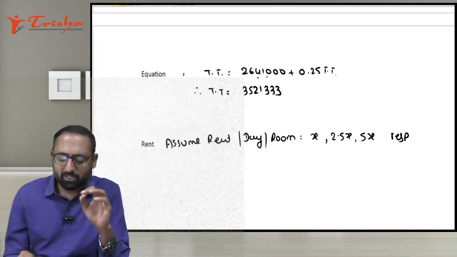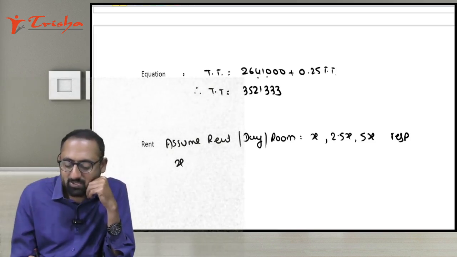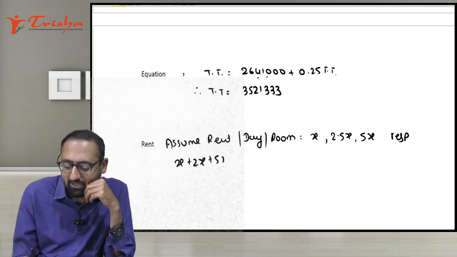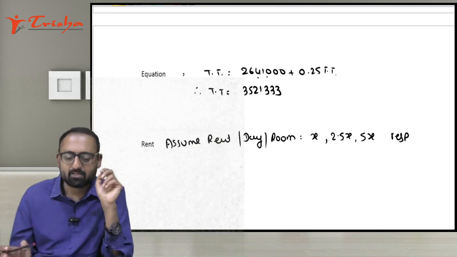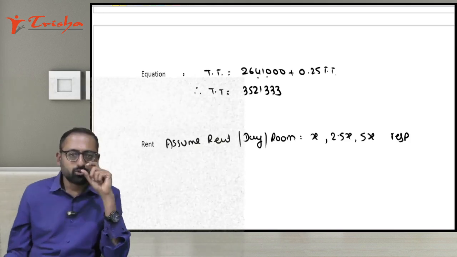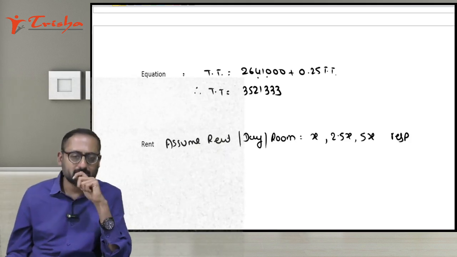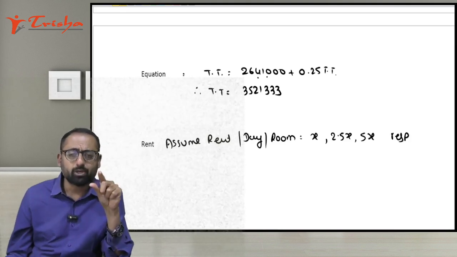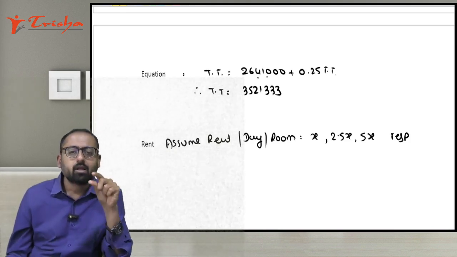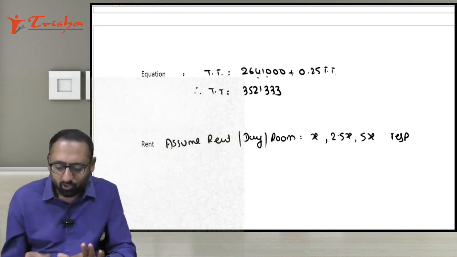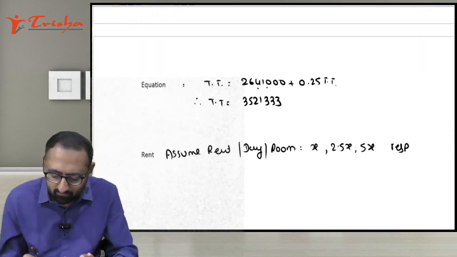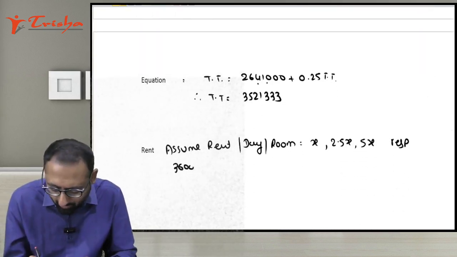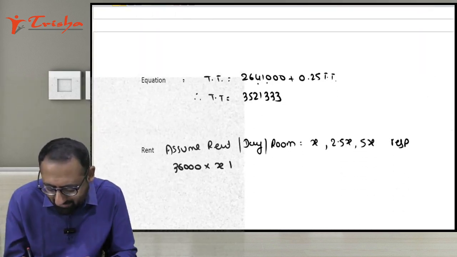Some students will make the equation like this: x plus 2x plus 5x is equal to 35,21,333. Boys and girls, 0 marks. You'll not get marks, because the important point in this concept is that you have to calculate fare per day, tariff per day. So how many days occupancy is there? 36,000 single room days multiplied by fare per day x.